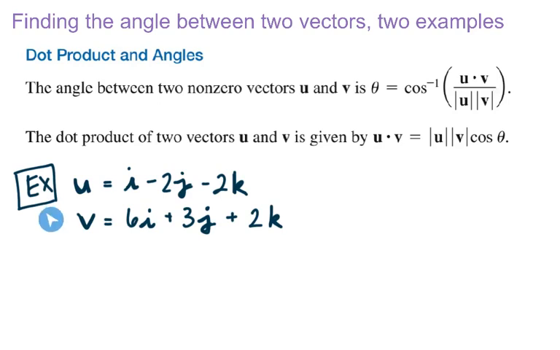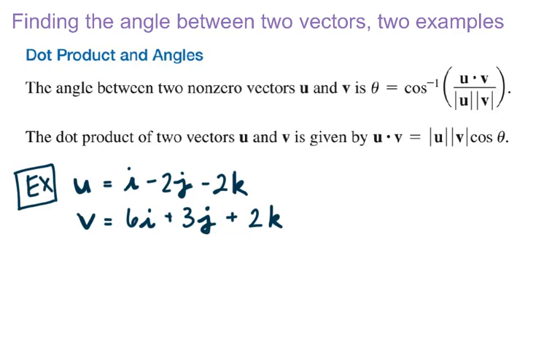For the first example in this video, we have two vectors, u in the ijk component form, 1i minus 2j minus 2k, and v equals 6i plus 3j plus 2k.